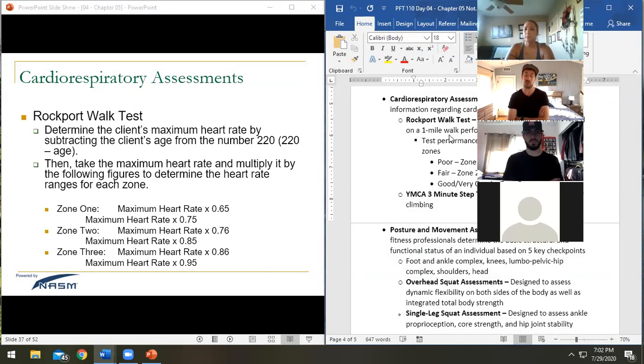You really do want it to be a walk, but as fast a walk as possible. It'll almost look like your client's like, I gotta go to the bathroom. But it's a walk. If they get into a jog, it kills the test, right? So they're going to walk that mile as fast as they can.